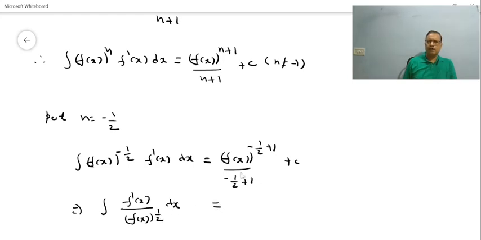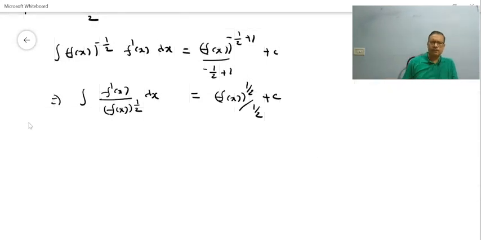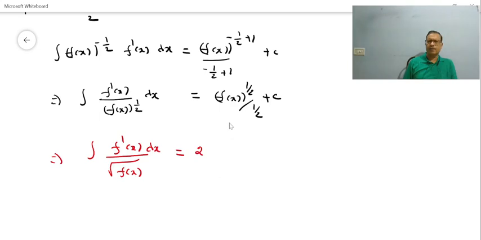This is equal to (f(x))^(1/2) divided by 1/2 plus constant, because 1 minus 1/2 is 1/2. So the integral of f'(x) divided by (f(x))^(1/2), that is root of f(x), dx is equal to 2 into (f(x))^(1/2), that is root of f(x), plus constant.